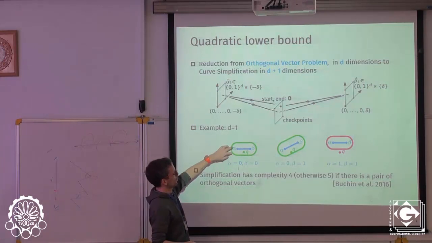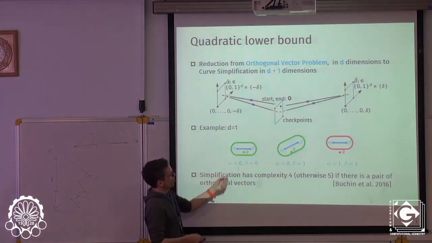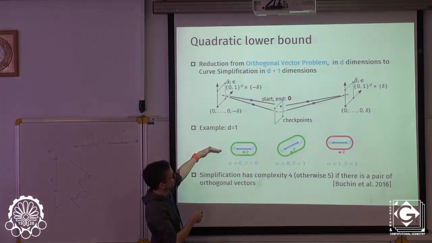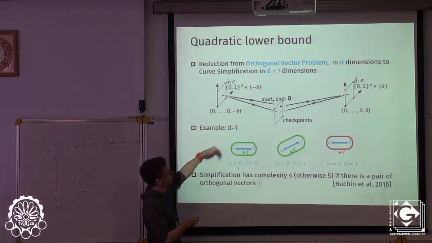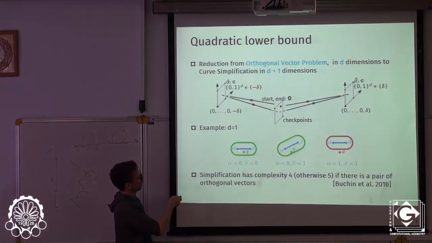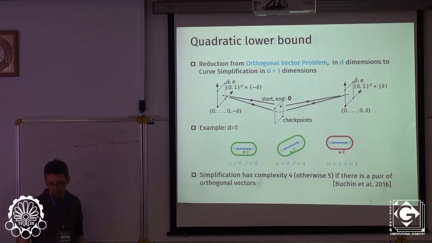And this is just to illustrate this in 1D. Imagine here I have my 0 line, this is 1, and this is my checkpoint. If I have 2 zeros, then the checkpoint is close enough to the segment. If I have a 0 and a 1, this checkpoint is still close enough to the segment. If both of these are 1, my checkpoint is too far away. So that's the basic idea of this reduction.